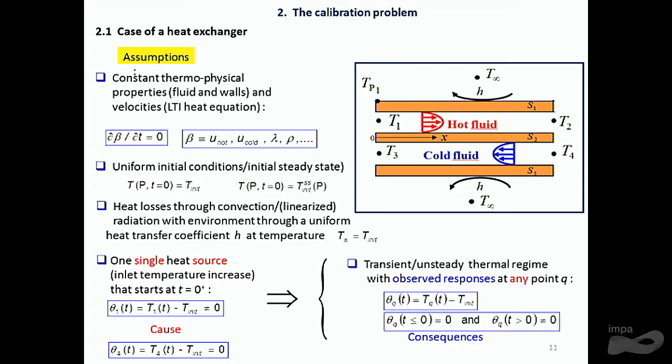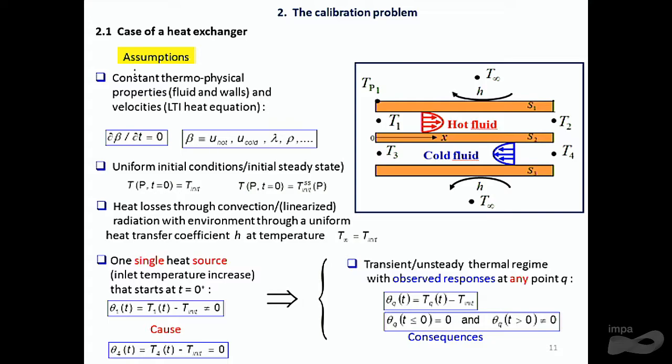We consider the heat losses through convection or linearized radiation with the external environment through a constant heat transfer coefficient. And here, in this case, we consider only one temperature source. We suppose that T4 is equal to T infinity, so theta 4, which is the difference between the local temperature and the initial temperature, is equal to 0. So we only have this excitation.